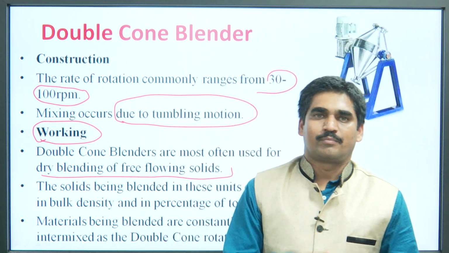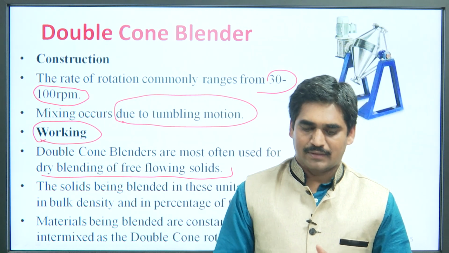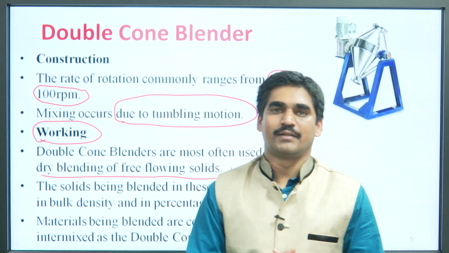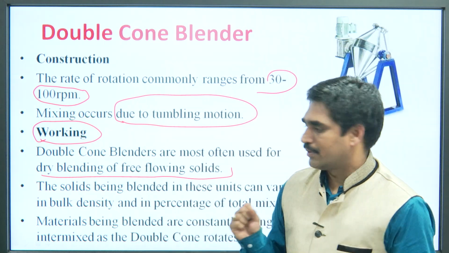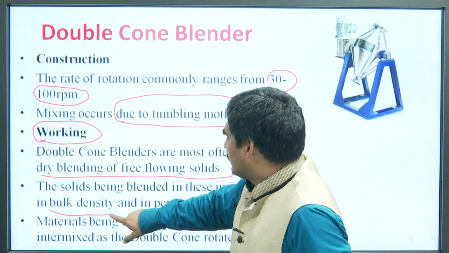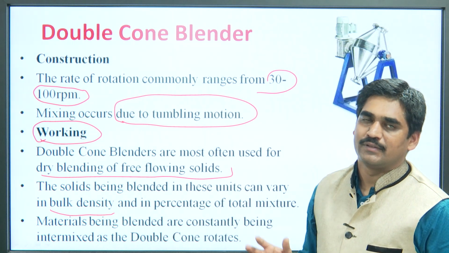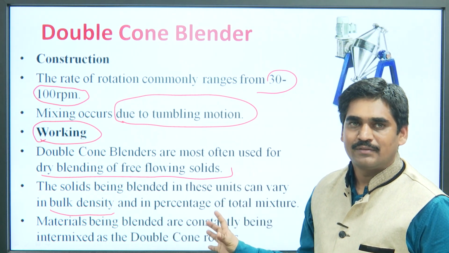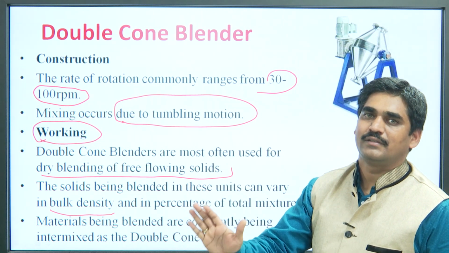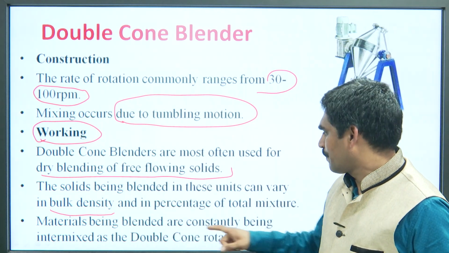The solids or powders which are blended in these units can vary in bulk density and in percentage of total mixture also. So, an excellent advantage of this double cone blender is that powders having different densities can also be blended in this equipment.